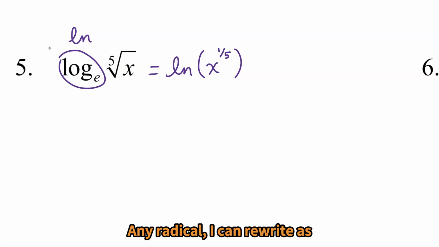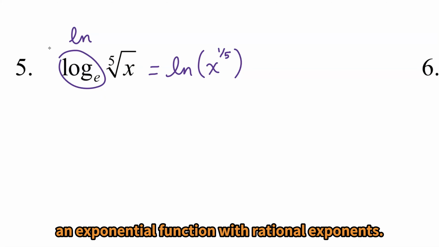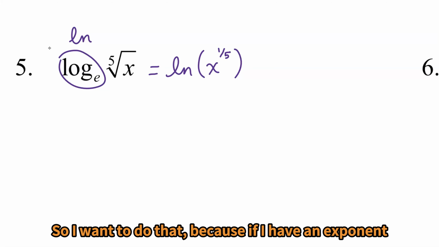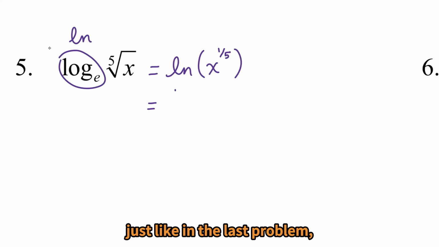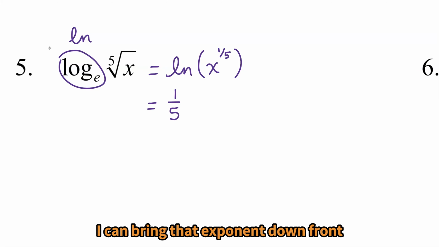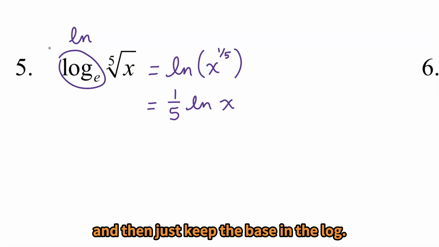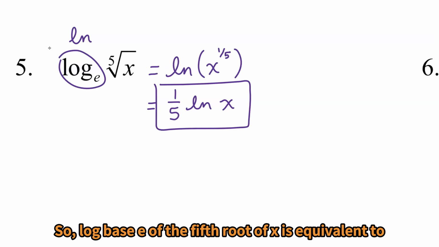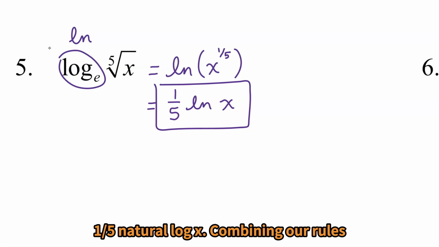Any radical I can rewrite as an exponential function with rational exponents. So I want to do that because if I have an exponent, just like in the last problem, I can bring that exponent down front and then just keep the base in with the log. So log base e of the 5th root of x is equivalent to 1/5 natural log x.